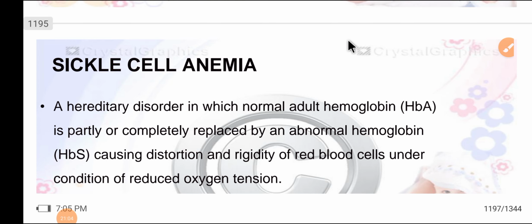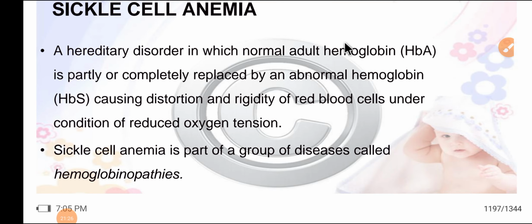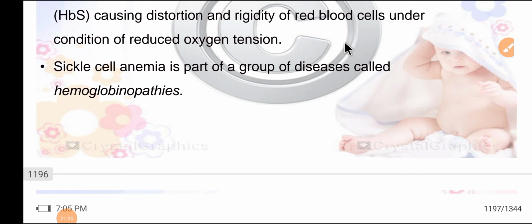Sickle cell anemia is a hereditary disorder in which normal adult hemoglobin (HbA) is partially or completely replaced by an abnormal hemoglobin, causing distortion and rigidity of red blood cells under the condition of reduced oxygen tension. Sickle cell anemia is part of a group of diseases called hemoglobinopathies.